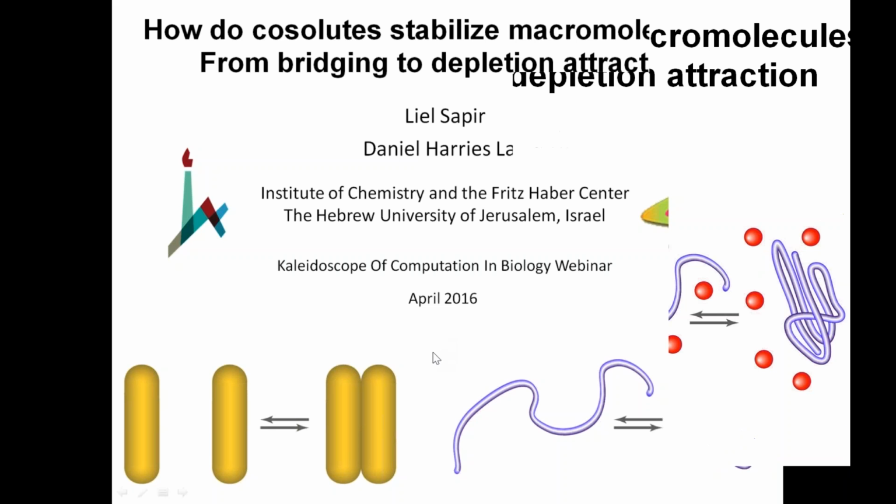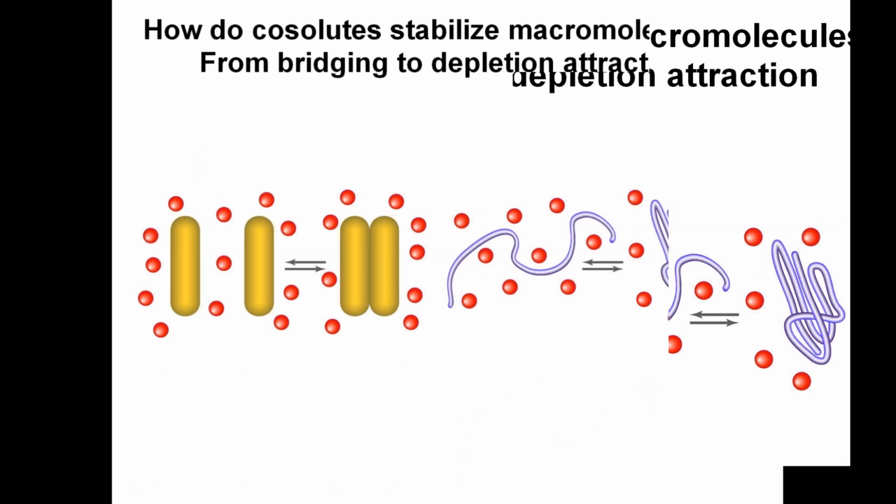For example, we can add to a solution that contains macromolecules or colloids another solute, which we term a cosolute, that affects the structure and stability of the macromolecule or colloid. In this example, we added these cosolutes, the red spheres, and they affect different structures of the colloid or polymer differently. Effectively, they have a net effect that shifts structural and association equilibria towards the desired states.